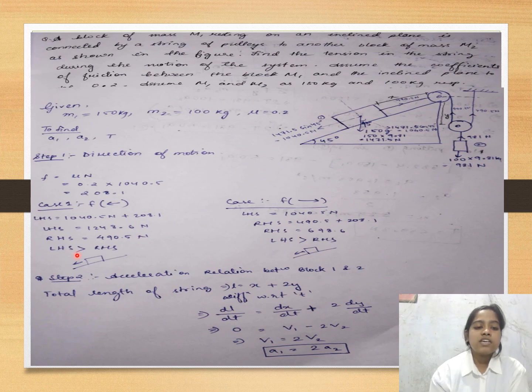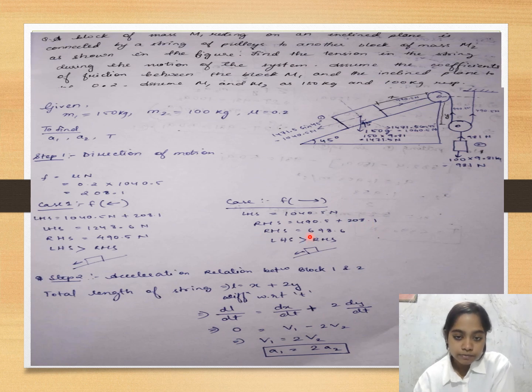Here LHS is greater than RHS, so it will move downwards. Similarly here also, LHS is 1040.5 and RHS is 490.5 plus 208.1, so it's 698.6, and LHS is greater than RHS. So it will also move downwards. LHS is greater for both the cases.